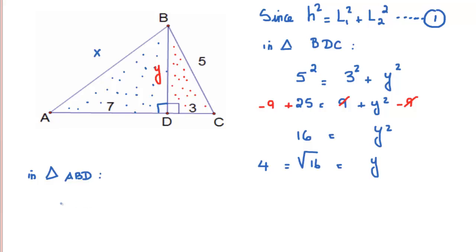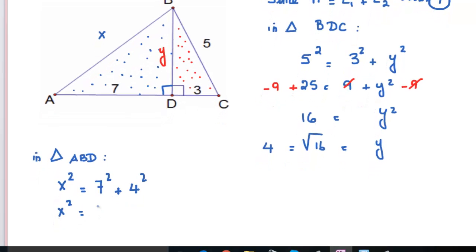So that means the hypotenuse here is X square equals 7 square, which is leg 1, plus leg 2 that I found from here, which is 4 square. So let's continue. X square equals 49 plus 16, which means 9 and 6 equal 15, I have 1, that means 65.